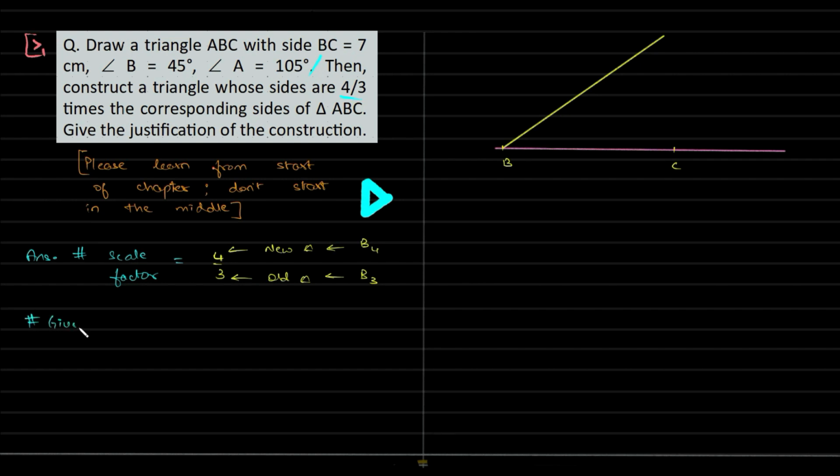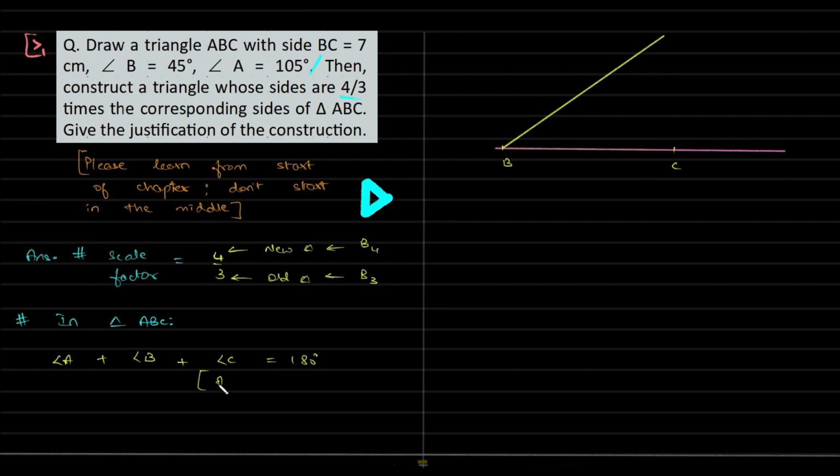We have been given angle A to be 105. Actually, we can just directly do this. Again, we're trying to save time, is it not? So in triangle ABC, with the angle sum property, what can we tell? Angle A plus angle B plus angle C would be equal to 180 degrees.